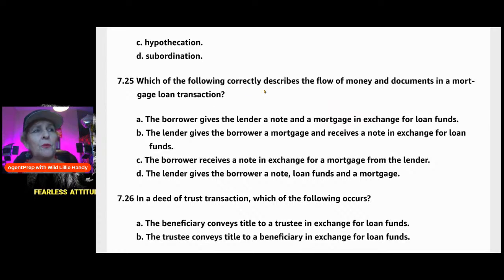Which of the following correctly describes the flow of money and documents in a mortgage loan transaction? A, the borrower gives the lender a note and a mortgage in exchange for loan funds. B, the lender gives the borrower a mortgage and receives a note in exchange for loan funds. C, the borrower receives a note in exchange for a mortgage from the lender. D, the lender gives the borrower a note, loan funds, and a mortgage.